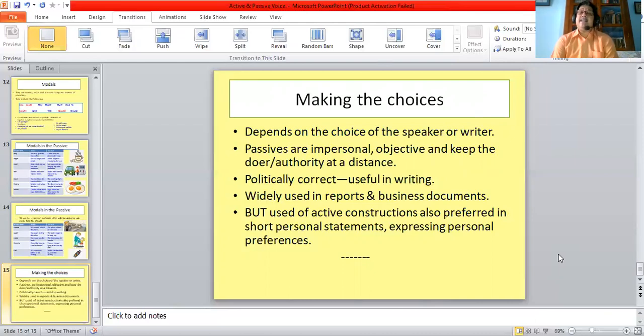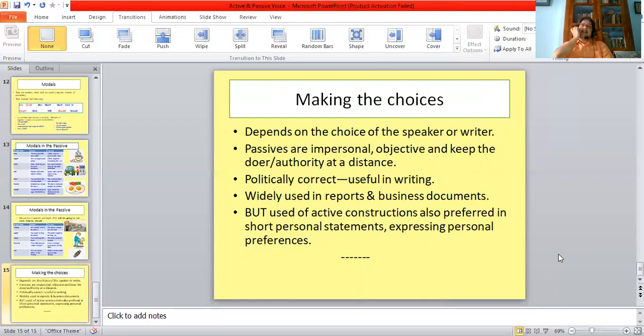In other words, in official documents like reports and business documents, the passive is used a lot. However, for short personal statements expressing personal preferences and all, the active constructions are preferred.